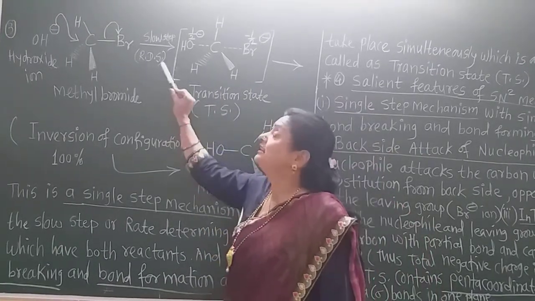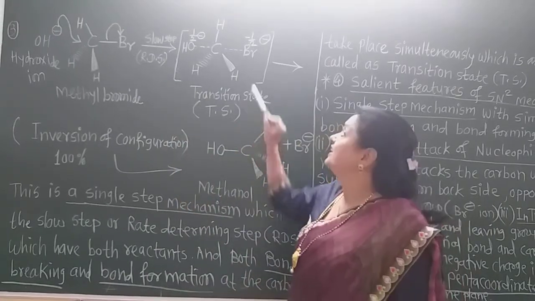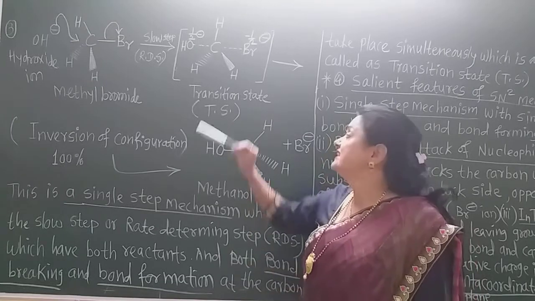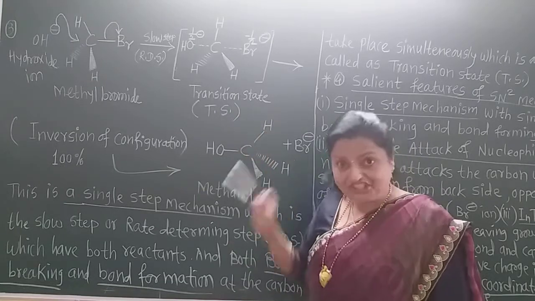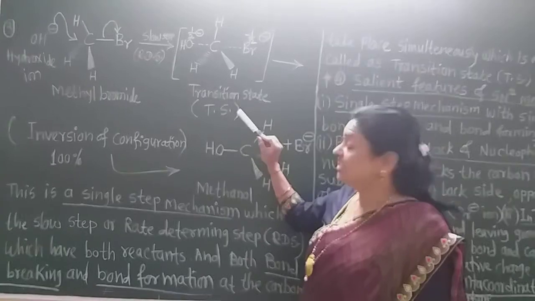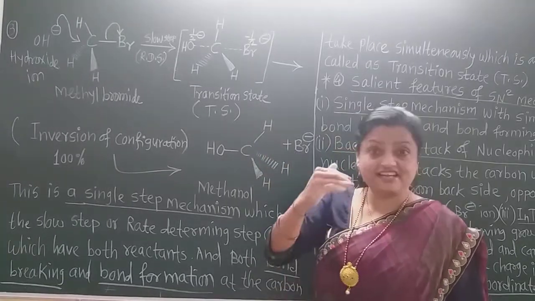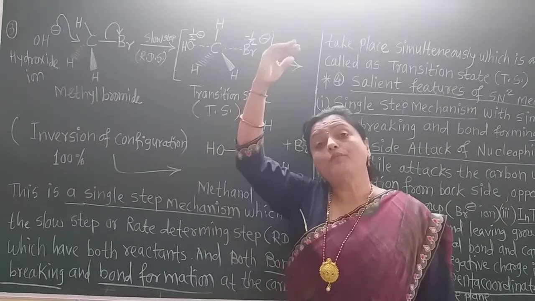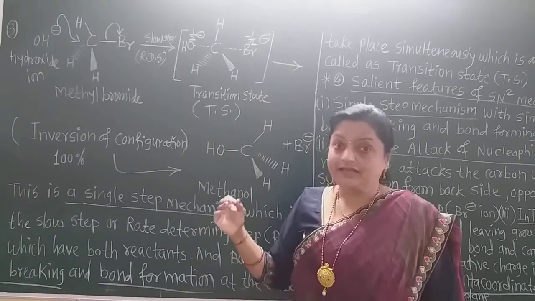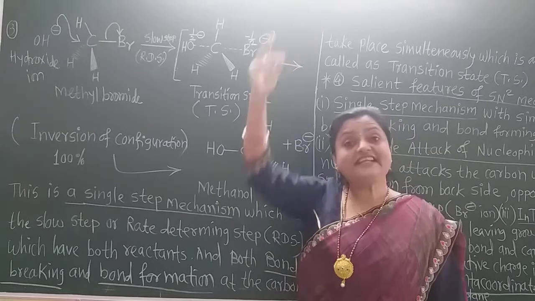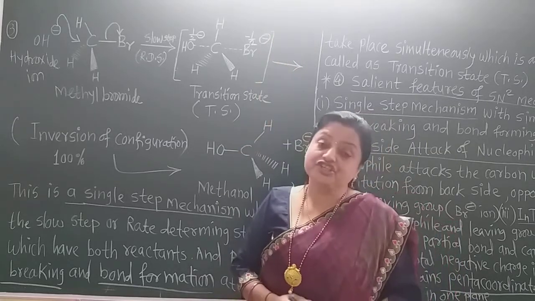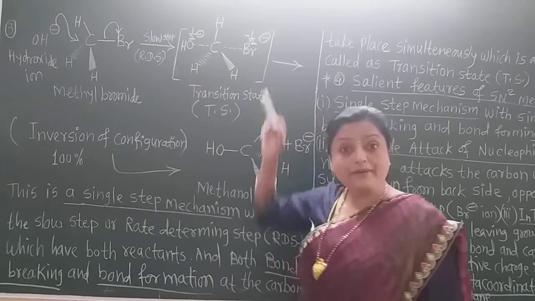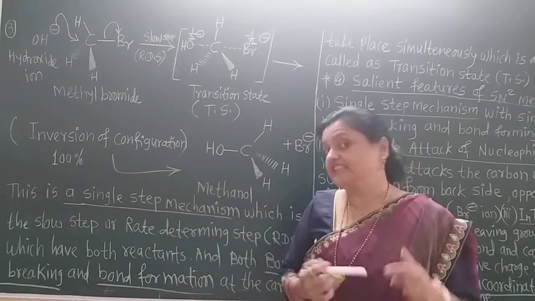So it is the rate determining step, and this step where the carbon is attached to the 5 bonds is the transition state. Now at this transition state the energy increases, so that the bond formation and bond breaking are simultaneous in this reaction.